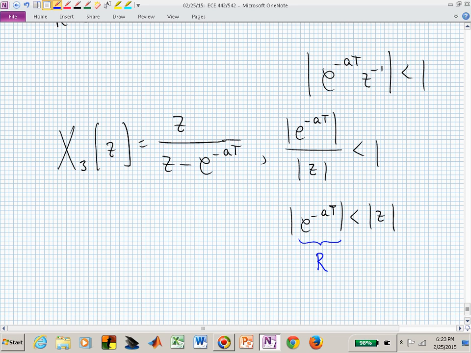And I might have confused you on homework problem number 2 when I said your region of convergence is unbounded in the problem statement. That had nothing to do necessarily with the waveform being bounded or unbounded. It's just that the region of convergence is unbounded. Is this region of convergence bounded or unbounded?